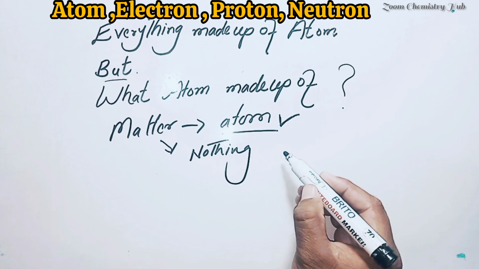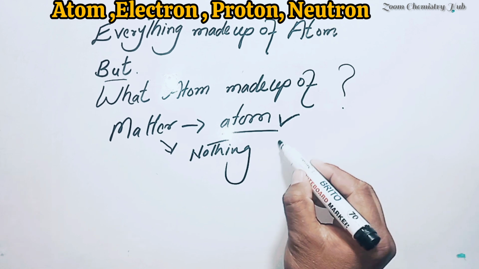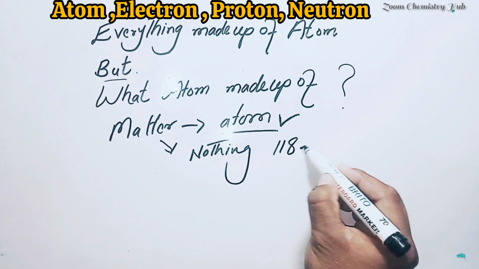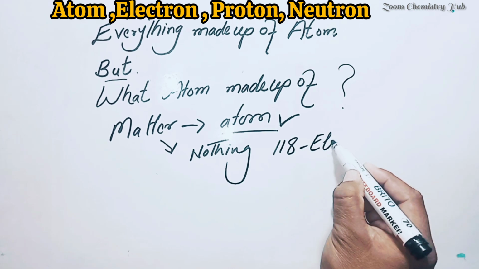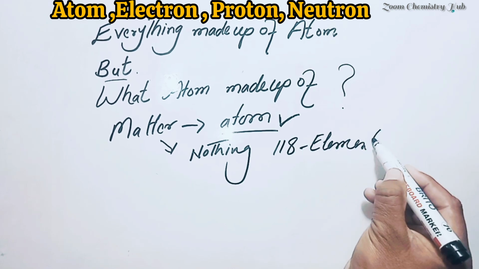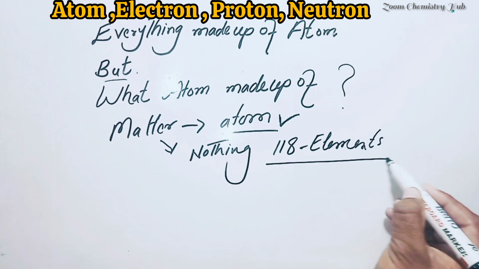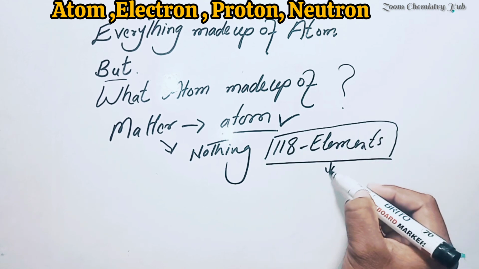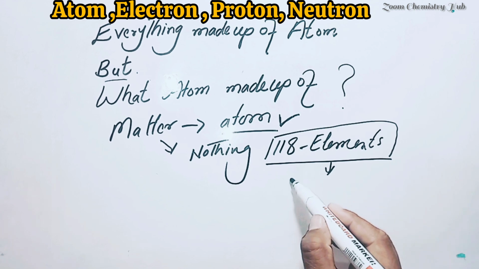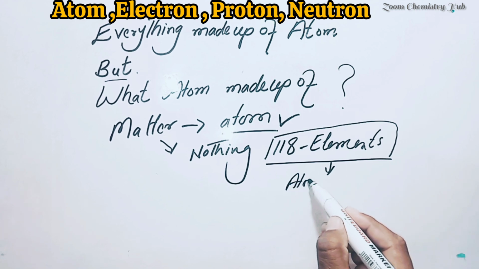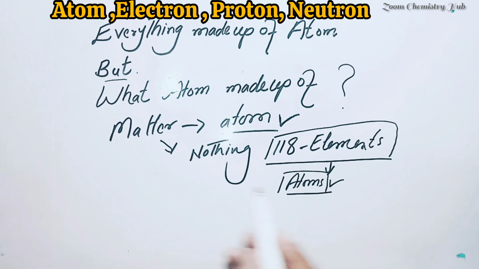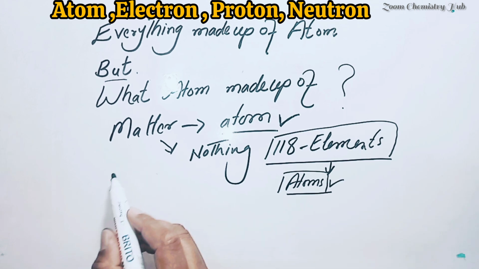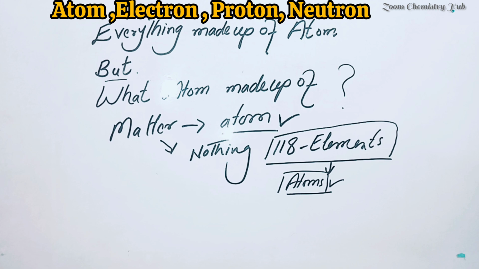We know that about 118 elements are discovered so far, and these elements are made up of atoms, and each atom consists of three fundamental particles.